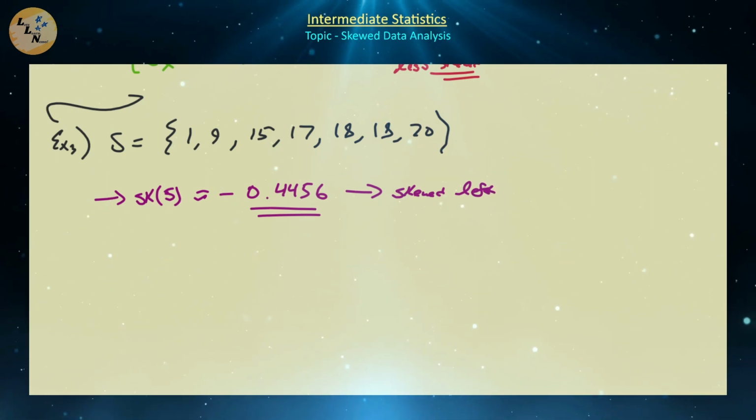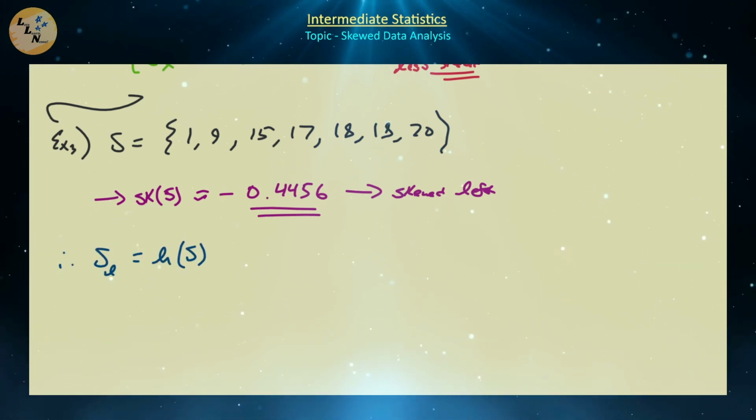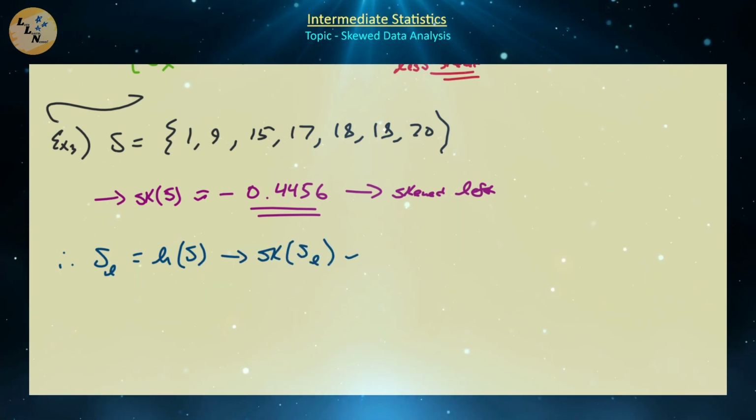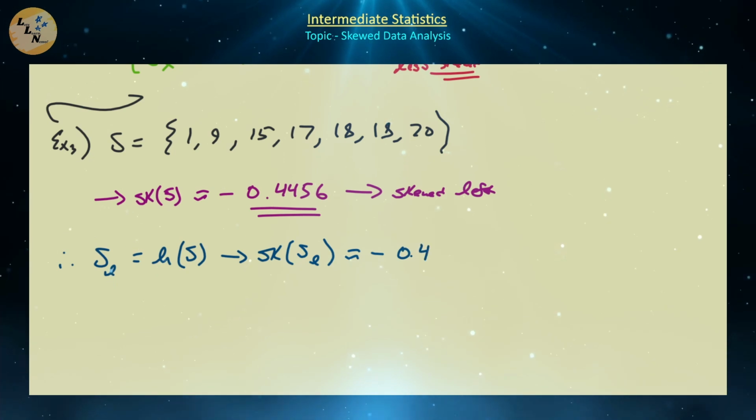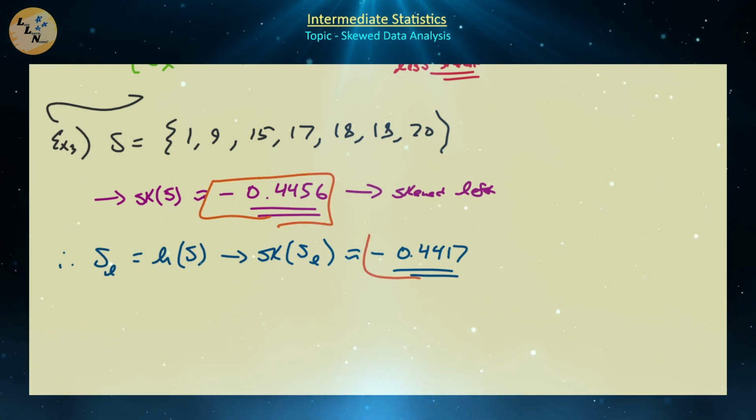Now, what if we take the natural log of these elements? Will we get a data set whose skewness is smaller? So if you define, for example, SL to be equal to the natural log of that data set, then you can calculate the skewness coefficient of that data set for this particular example to be approximately negative 0.4417. Now do notice that the skewness did decrease.